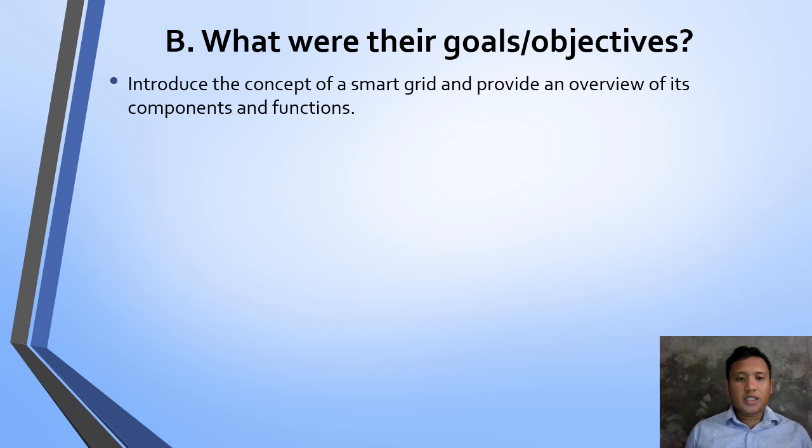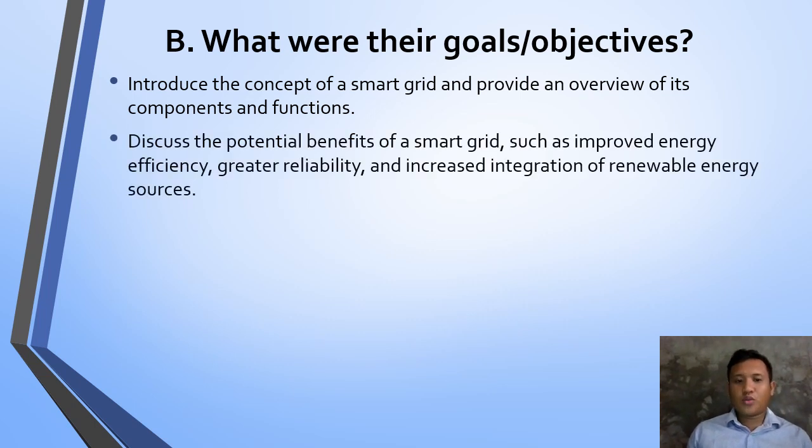The first one is to introduce the concept of a smart grid and provide an overview of its components and functions. Number two, discuss the potential benefits of smart grid, such as improved energy efficiency, greater reliability, and increased integration of renewable energy sources.